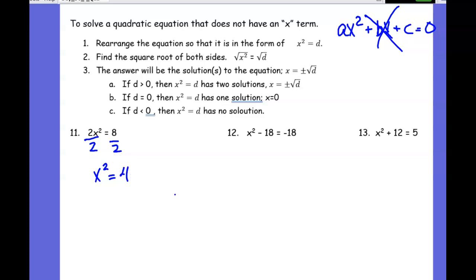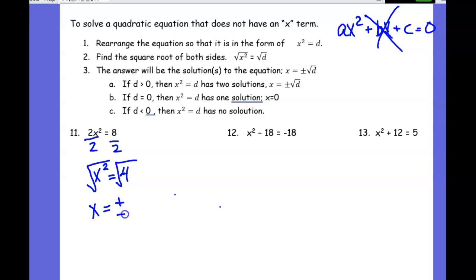The inverse operation of squaring a number is to find the square root. So if I want to get x by itself, I'm going to take the square root of x squared, and whatever I do to the left side of the equation, I do to the right. I end up with x is equal to not only positive 2, this is the first time we're really going to think about it, the square root of 4 would be positive 2, but it would also be negative 2 because negative 2 times negative 2 is also positive 4.